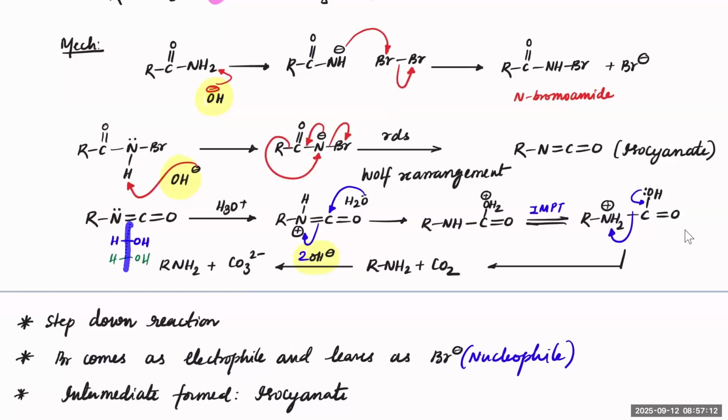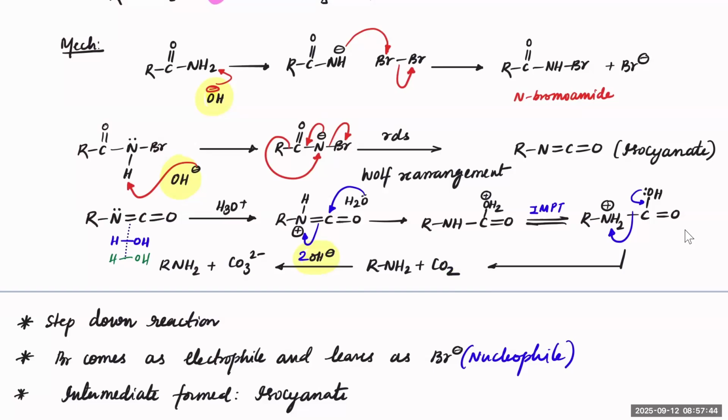On hydrolysis, 2 moles of water will add hydrogens to nitrogen and OH groups to carbon. As it happens, two sides. This is the first mole, you get this one. Second mole, you'll get this one. Ending up getting amine, which is 1 degree amine, and carbon dioxide, which is reacting with OH minus and converting into carbonate ion.